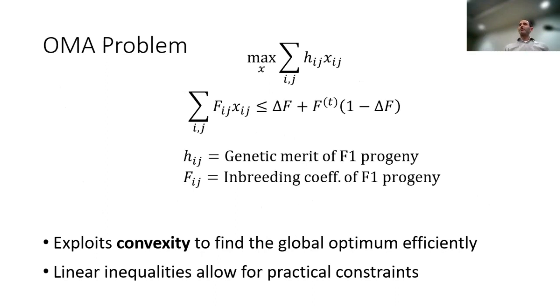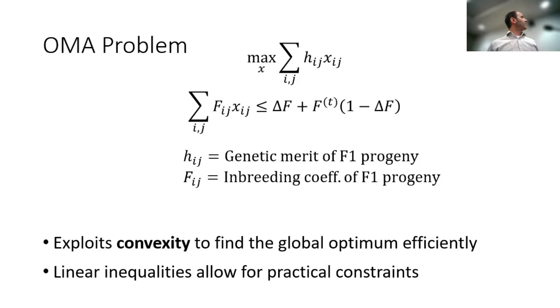You could also think of versions that take into account the variance of a particular mating, but this formulation is based only on the mean value of the progeny. And again, it's weighted by whatever your allocation is. And then you have the inbreeding coefficient has to be less than or equal to this right-hand expression, which is based on whatever your current inbreeding coefficient is, and this rate, delta F.